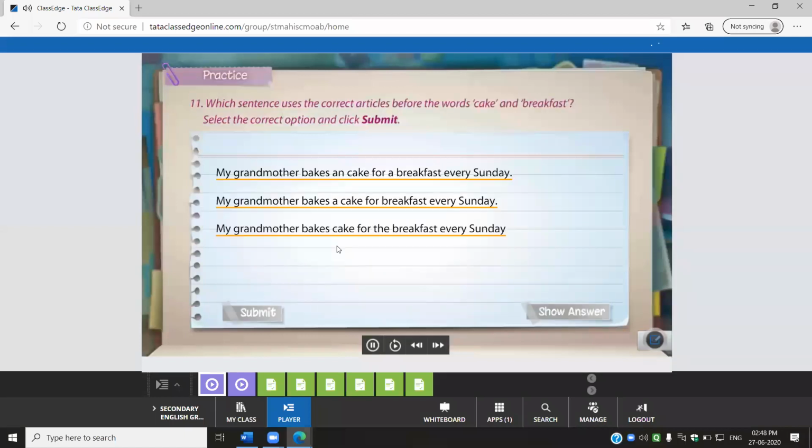Which sentence uses the correct articles before the words cake and breakfast? Select the correct option and click Submit. Here the second option is correct.